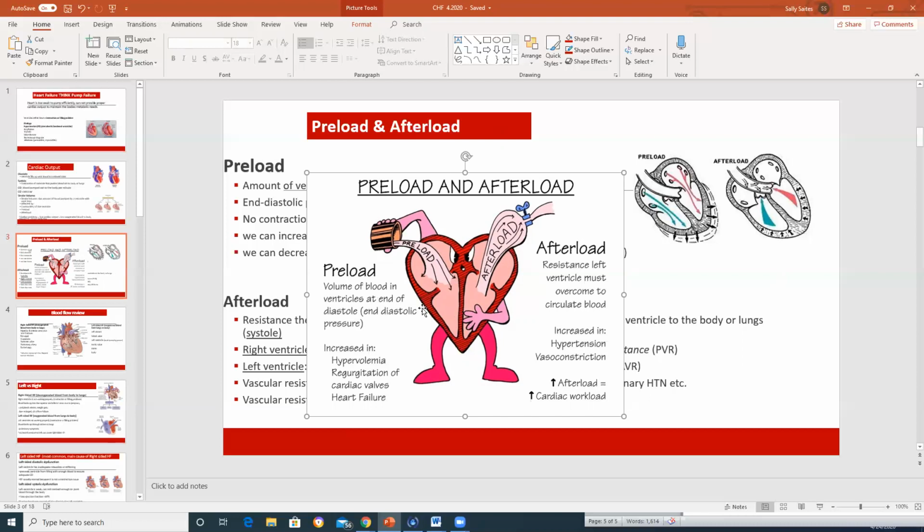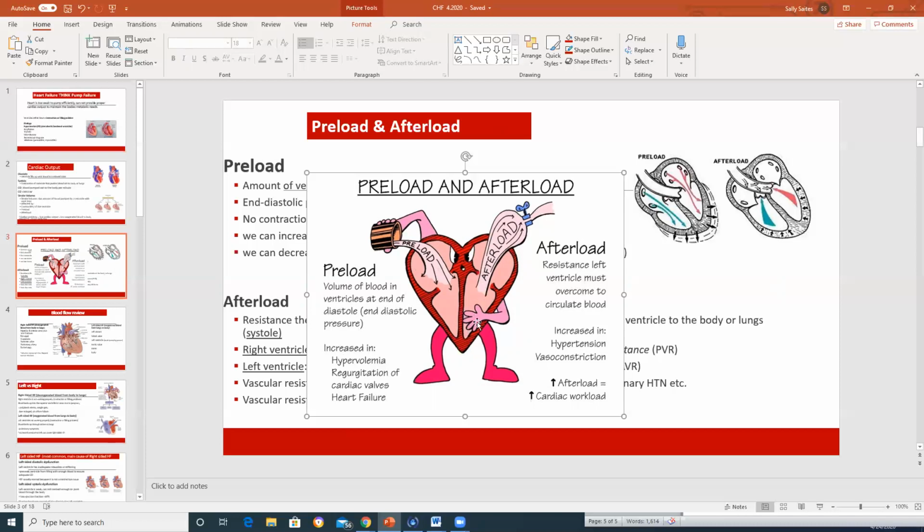It's actually the amount of pressure on the ventricle muscle itself. Preload can be increased, so the pressure on this ventricle muscle can be increased, by hypervolemia, cardiac valve issues, heart failure, regurgitation.